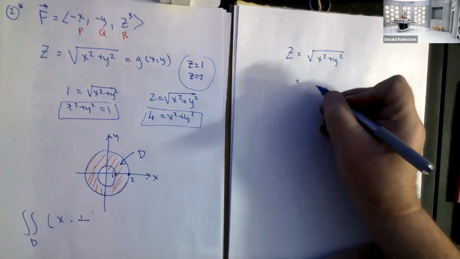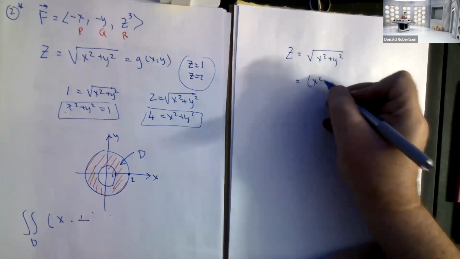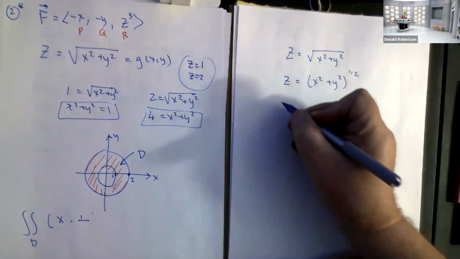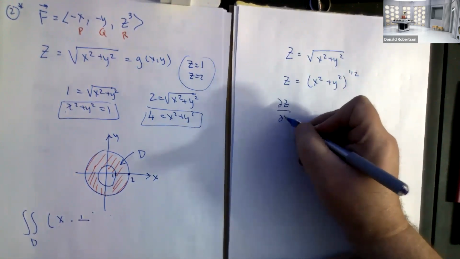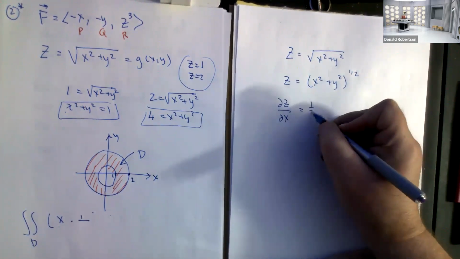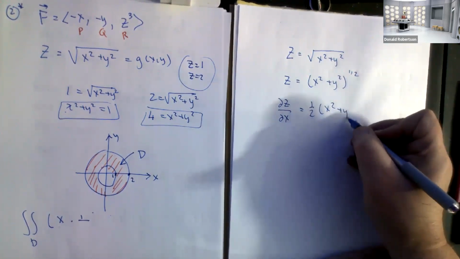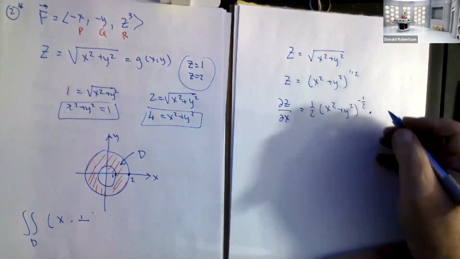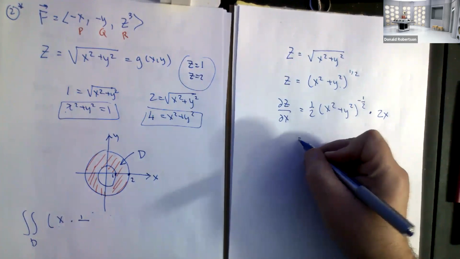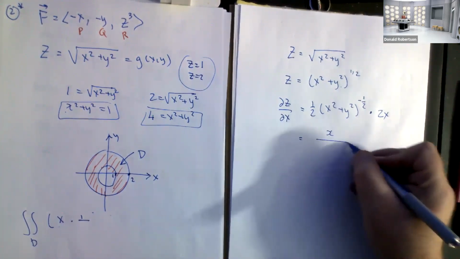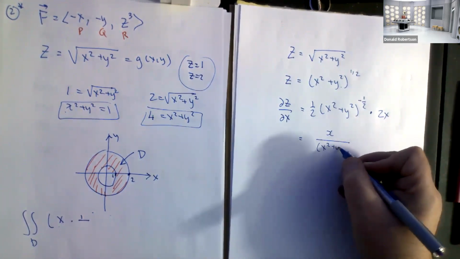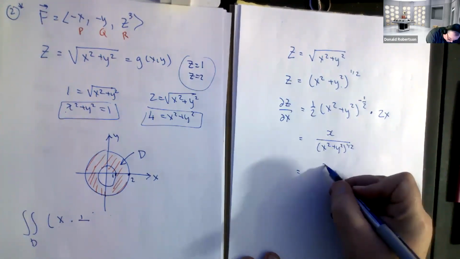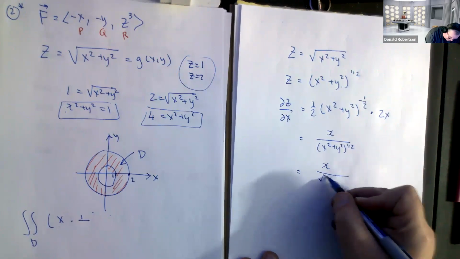There's z, which I'm going to call x squared plus y squared to the half. So if I want a partial derivative with respect to x, it's multiply by the power, reduce the power by 1, and then finish with the derivative of the inside function, which is 2x. The half and the 2 cancel, we get this, and this guy on the bottom becomes that guy, which in turn is going to be that guy.